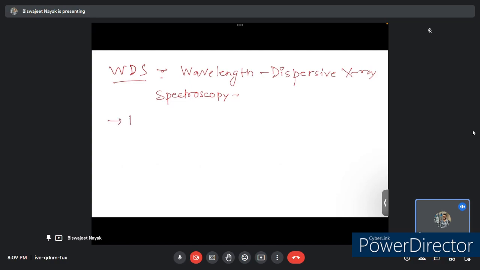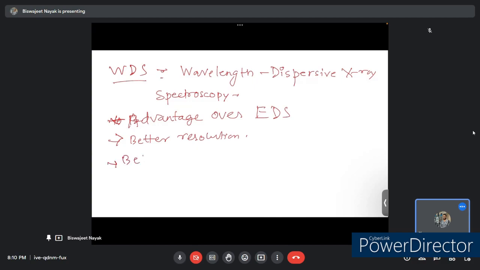They have better resolution, a better peak to background ratio, and the capability to detect smaller amounts of elements.